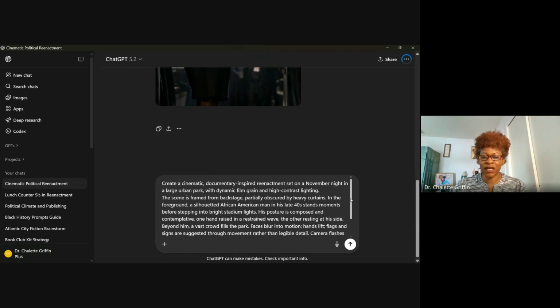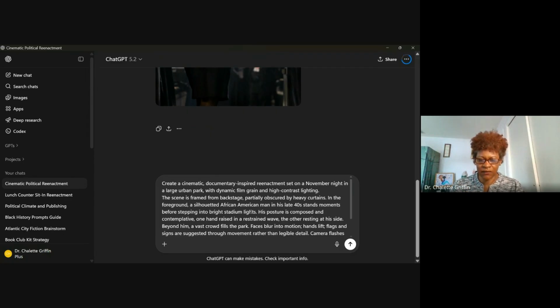The scene is framed from backstage, partially obscured by heavy curtains. In the foreground, a silhouetted African American man in his late 40s stands moments before stepping into bright stadium lights. His posture is composed and contemplative. One hand raised in a restrained wave, the other resting at his side.